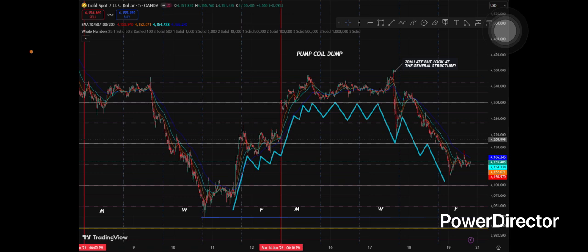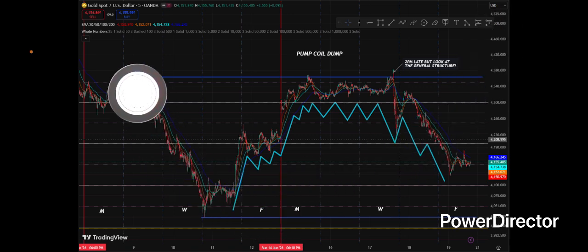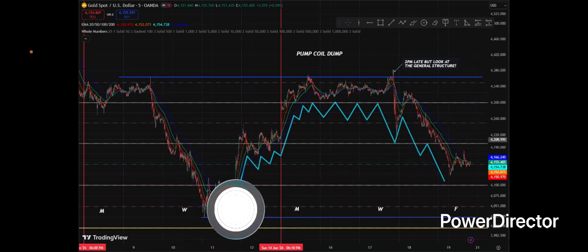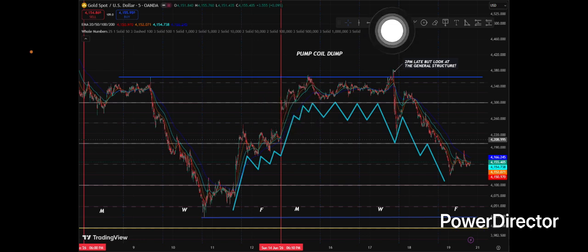It's outside of our timing window, but the structure that we're paying attention to is still there. We're still looking at the pump, coil, and dump type of movement in the chart. And the previous week, you can see the dump, coil, and pump. Very simple stuff. This is what we're looking for.